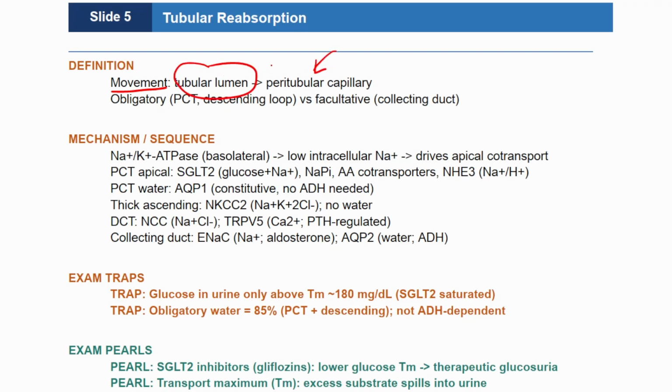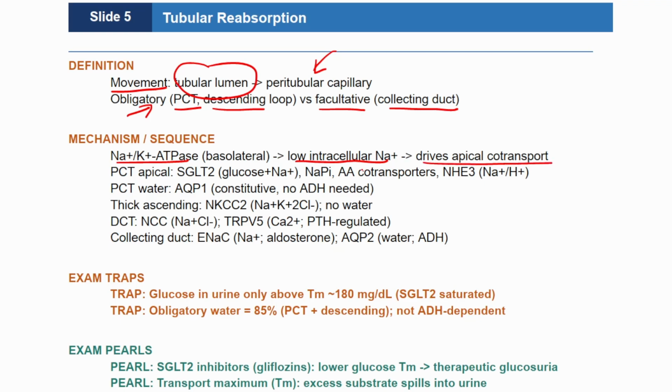The system is split into obligatory reabsorption, which represents 85% of total fluid recovery, occurring constitutively in the PCT and descending loop, and facultative reabsorption, which represents 15% of water recovery taking place in the collecting duct depending on hydration and ADH levels.